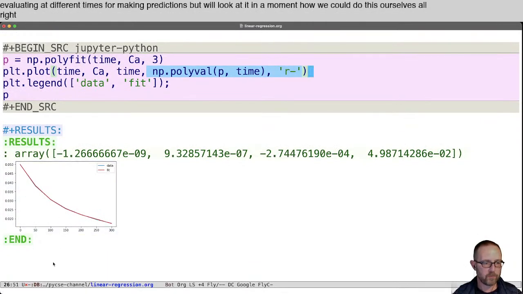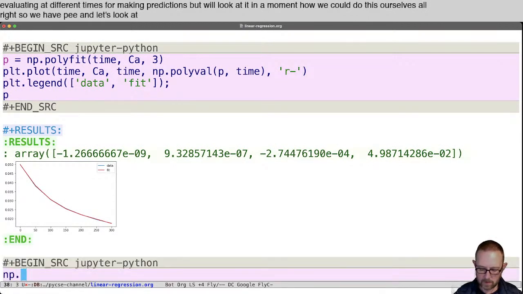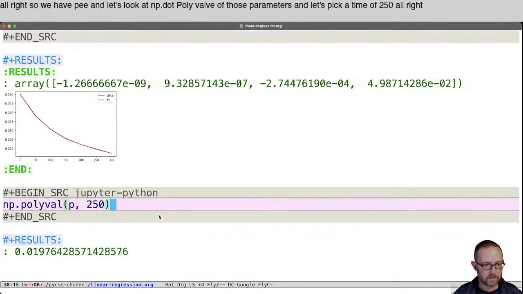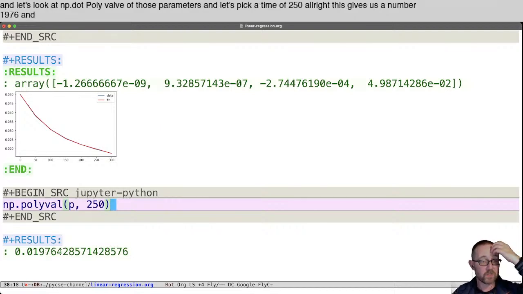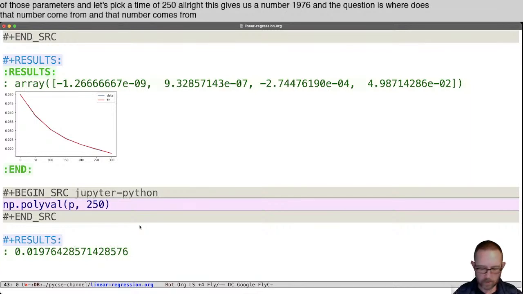All right, so we have P, and let's look at np.polyval of those parameters, and let's pick a time of 250. All right, this gives us a number, 0.01976, and the question is, where does that number come from? And that number comes from a dot product that I told you about.